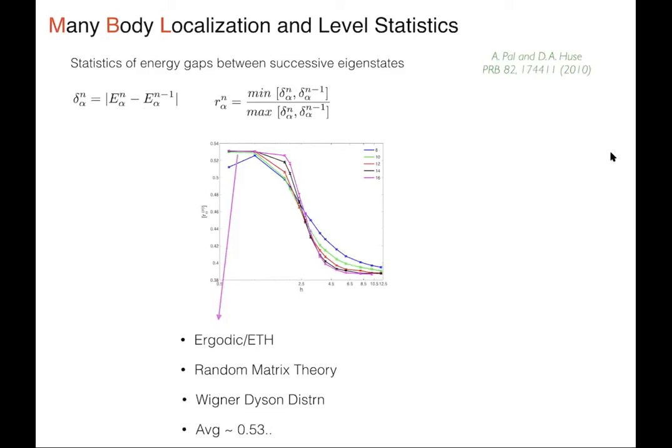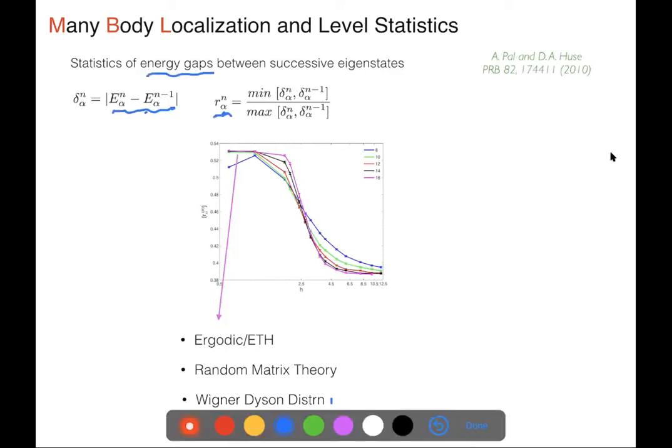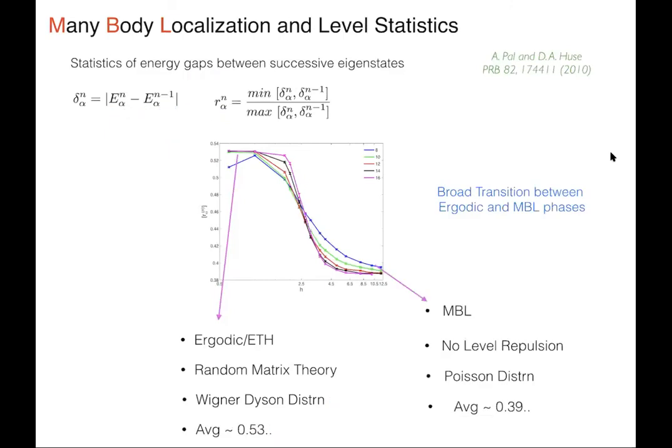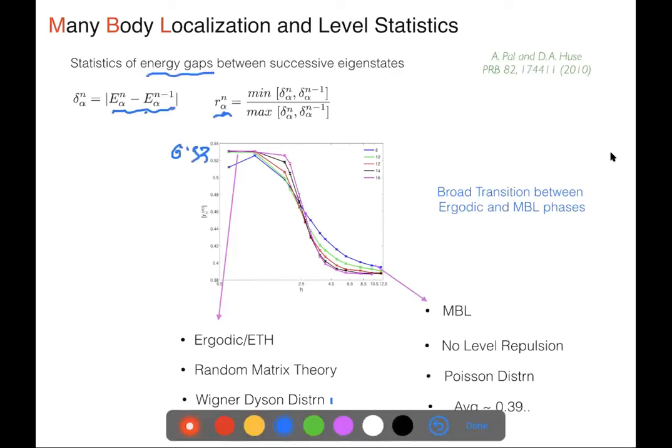If you do all these calculations, you should expect an average value of 0.53, and you can see here that it went to about 0.53 at low h. Whereas when you went to very large disorder, the distribution became Poissonian, and that gave you an average of 0.39. You can see this transitioning from 0.53 to 0.39. This is a broad transition between ergodic and MBL phases.